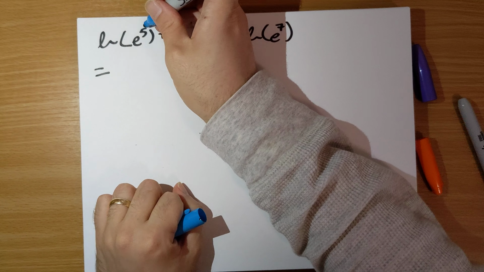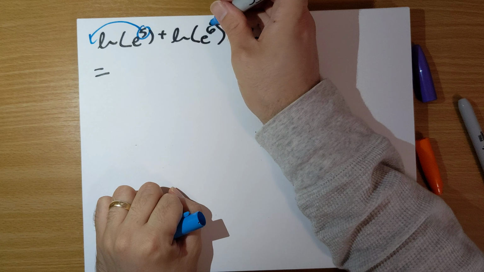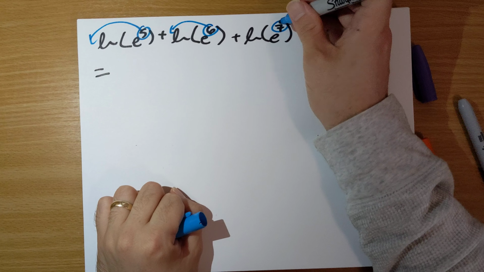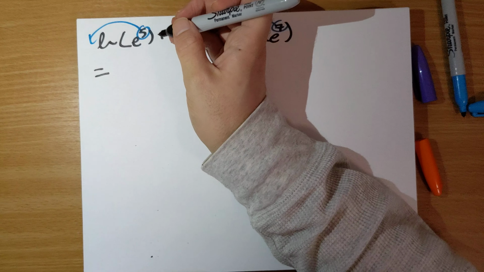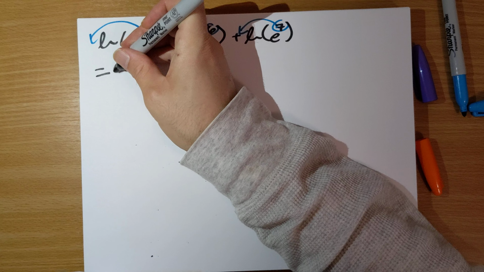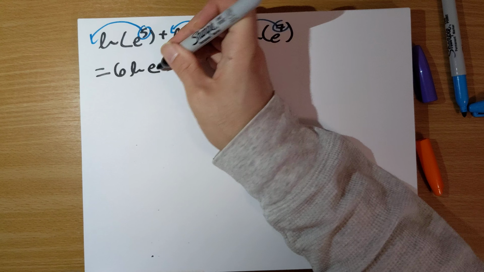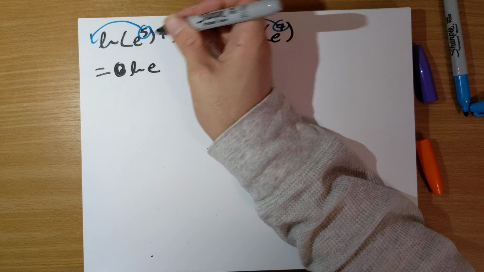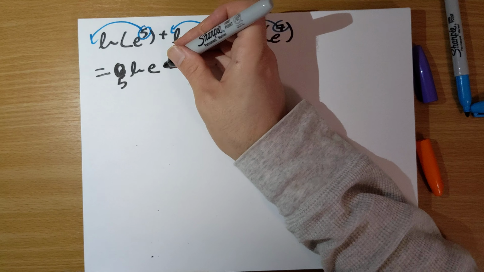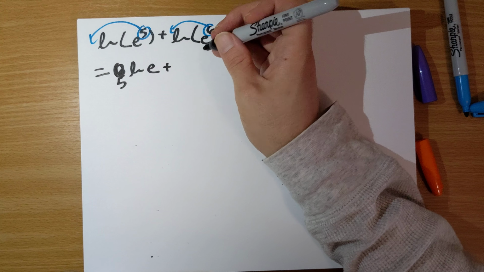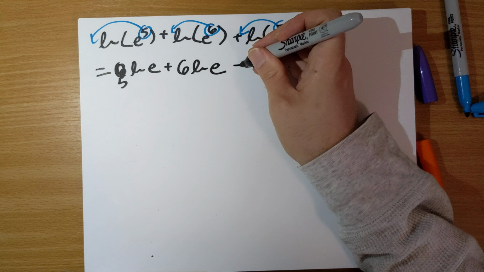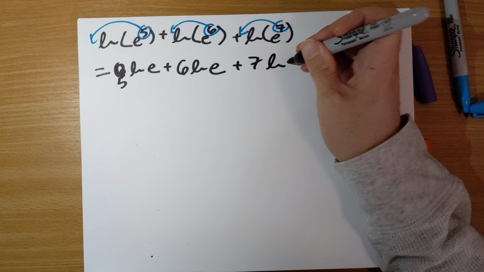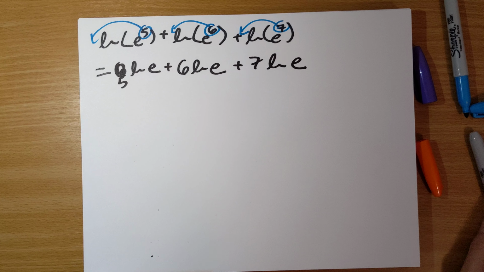The first rule says that an exponent inside a log comes down as a coefficient outside the log. And so this is going to be 5 natural log of e, plus 6 natural log of e, plus 7 natural log of e.